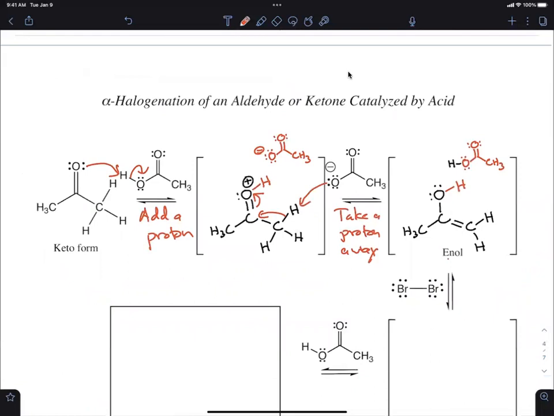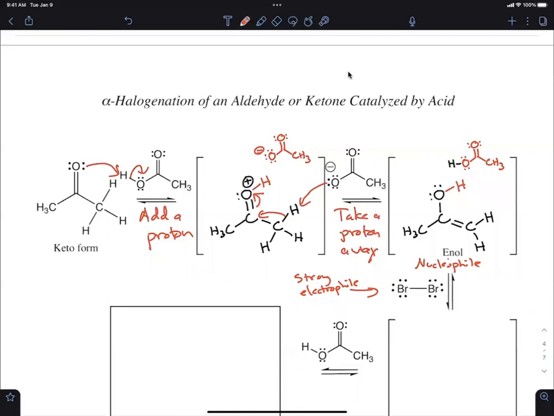So it can react as a nucleophile as long as it reacts with a strong electrophile. And Br2 absolutely counts as a strong electrophile. The reason being, if you react with one bromine atom of Br2, you break that bromine-bromine bond, which is a weak bond anyway, and you generate a very stable bromide anion.